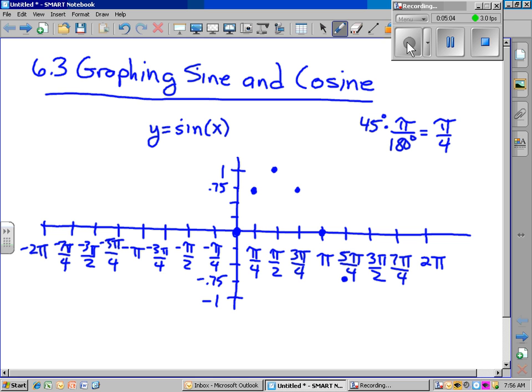And then 270 would be -1. 7 pi over 4, or 315, will be about 0.7 negative, and then back to 0. That's a nice smooth curve, connecting those dots up. It's not a rigid V like absolute value. It is a smooth curve.